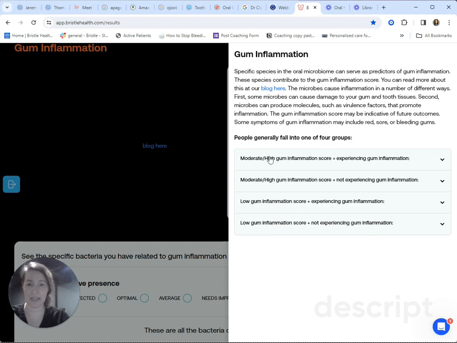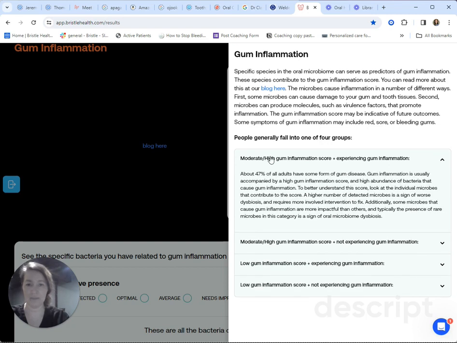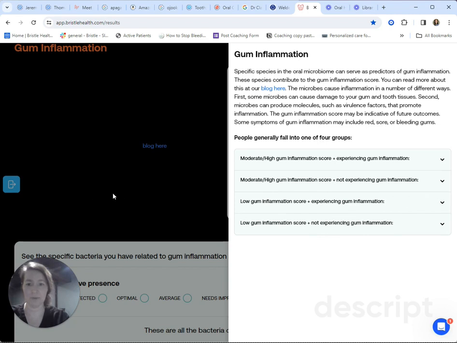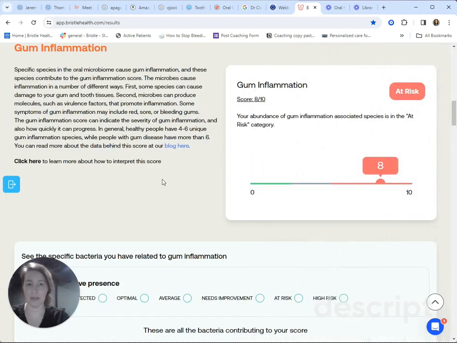So he is high and experiencing some gum inflammation. So this will give him some information as he's walking through the platform, readying him for the understanding that we do need to deal with some of these high inflammatory bacteria and do some treatment processes based on his oral microbiome inflammatory score. So just some supportive information for you there.